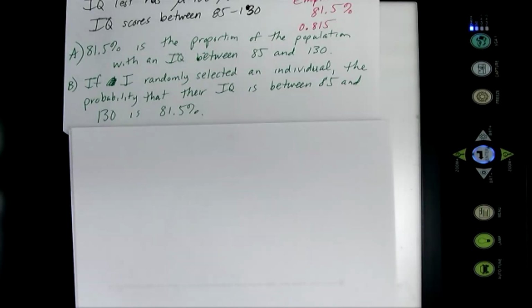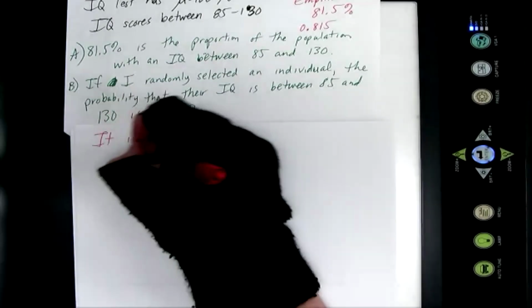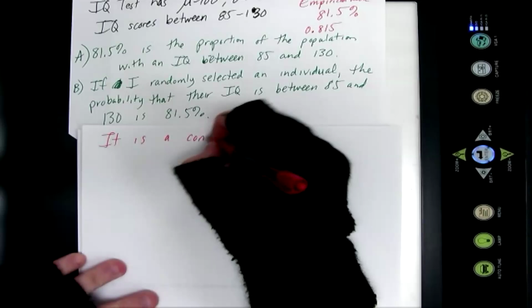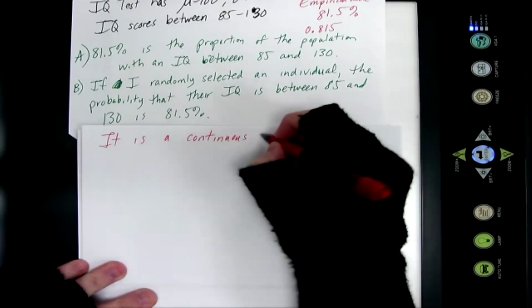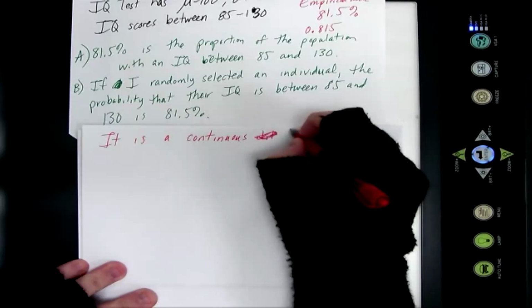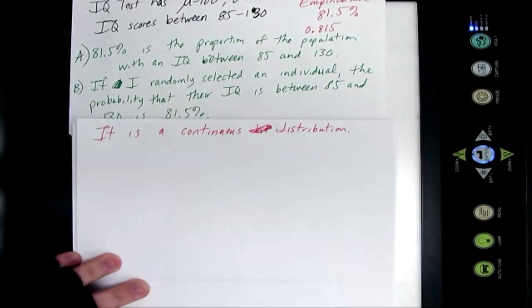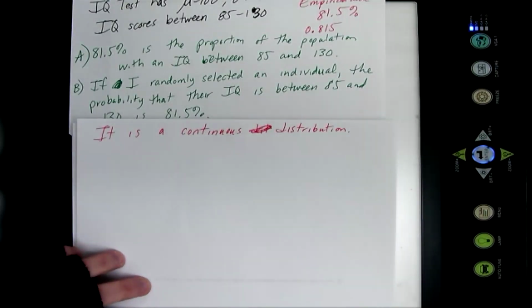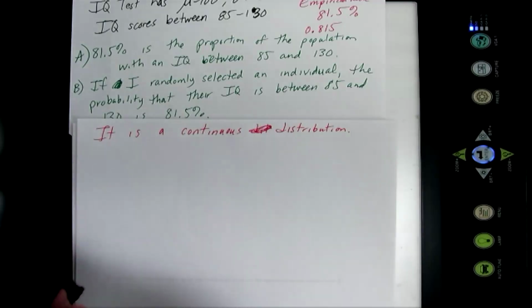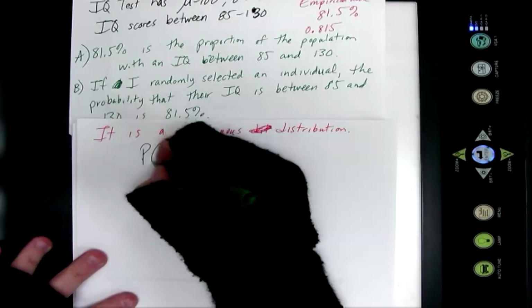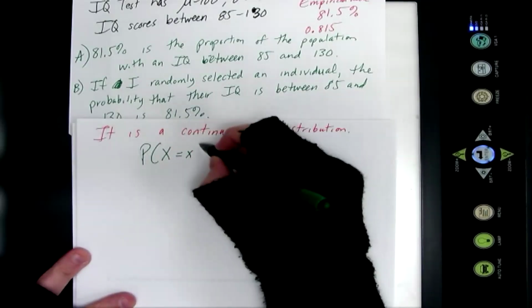Alright, so it is a continuous distribution. All the other ones we've done were discrete. There were countable numbers, even on the Poisson. We count the hurricanes. They came in integer values. It is a continuous distribution, which means the probability that x equals any specific value is 0.